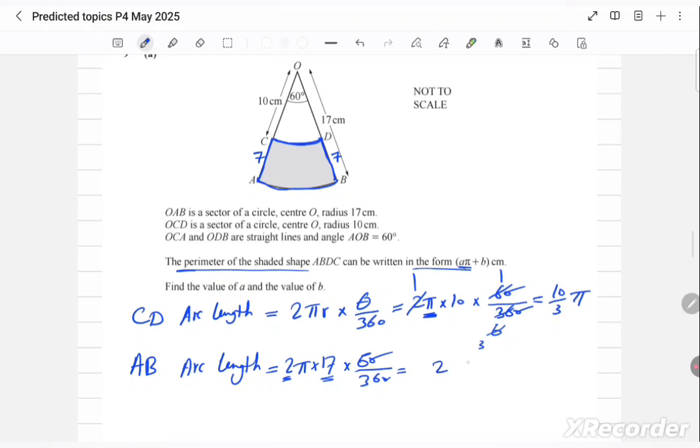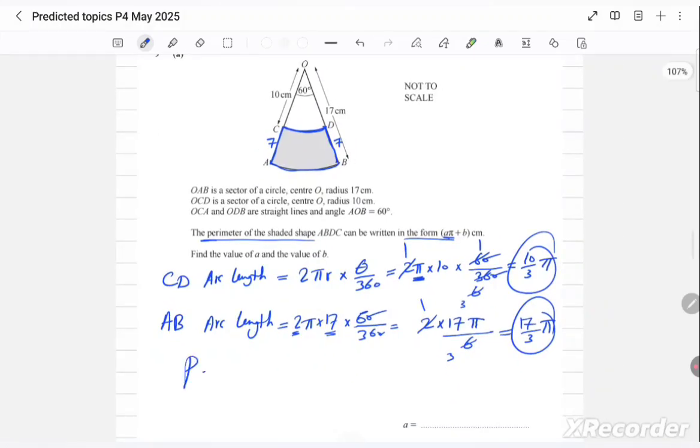Like 2 times 17 pi, and 60 over 360 is 1 over 6. You can divide like this: 2 divided by 2 is 1, 6 divided by 2 is 3. So the answer is 17 over 3 pi. So these are the two arcs.